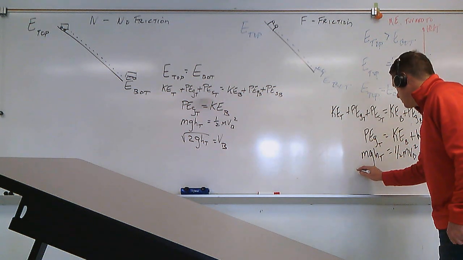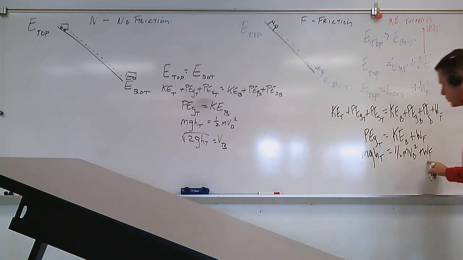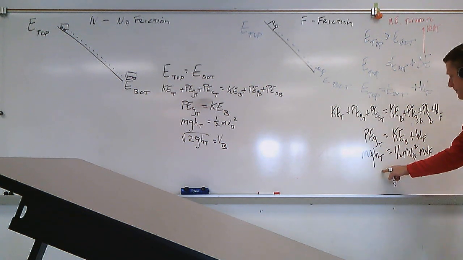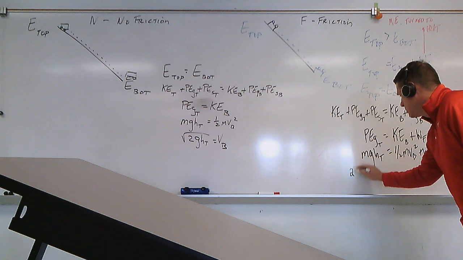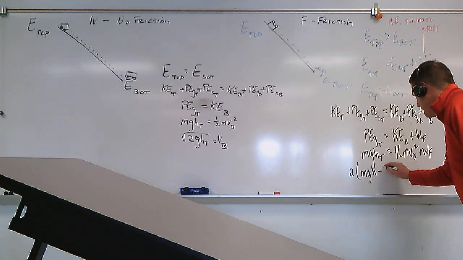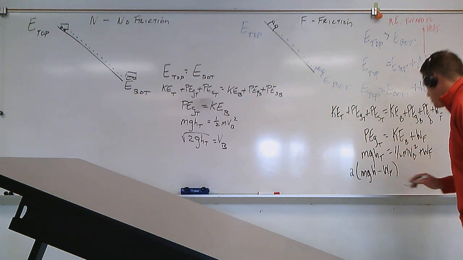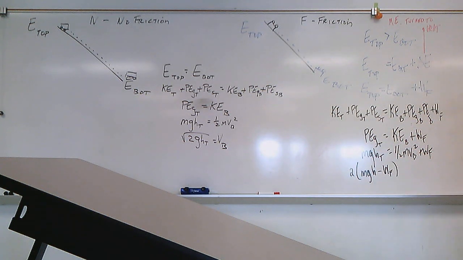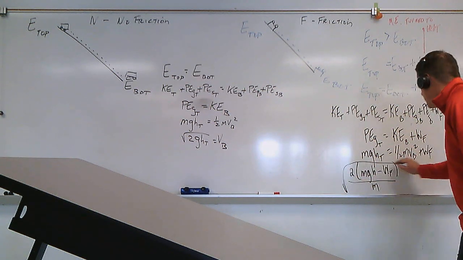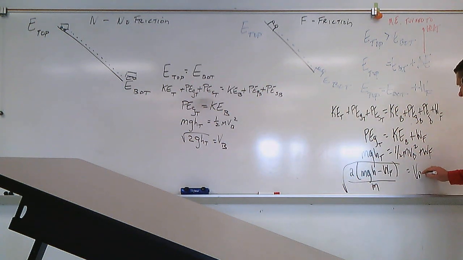So now we've got to take this work done by friction, bring it over here. If we're looking for the speed that this thing is at the bottom, we've got 2 times mgh minus the work done by friction, all divided by m, square rooted, equals vB.